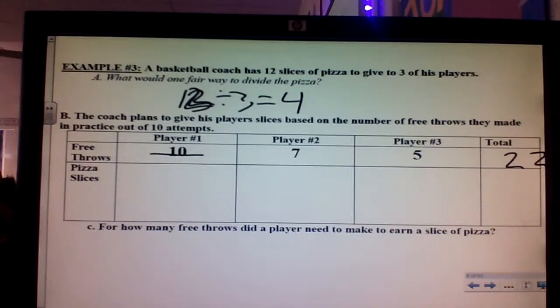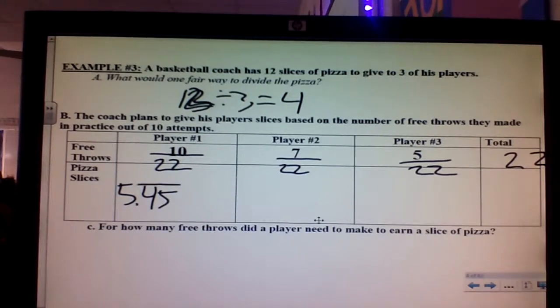Player 3: 5.4 repeating, 5.45 repeating. 3.81 repeating and 2.72 repeating.